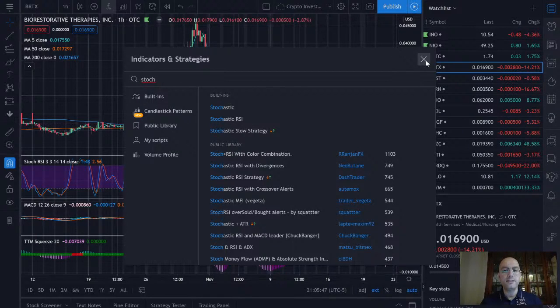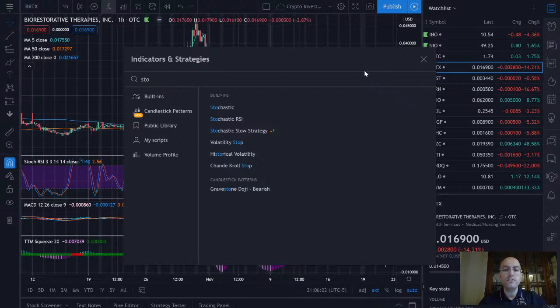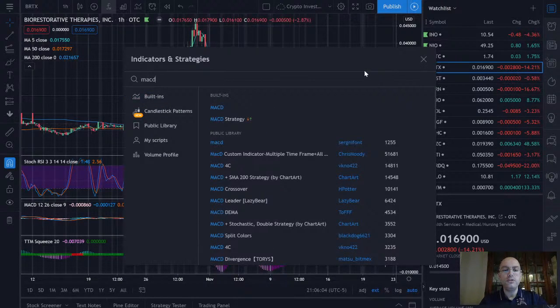And we'll discuss the actual metrics or data points that need to be taken into consideration when inputting a stochastic RSI, so what the settings for stochastic RSI are, later on. Similarly, if you're looking to add the MACD, all you need to type is MACD, click on it, and then add the respective settings accordingly.